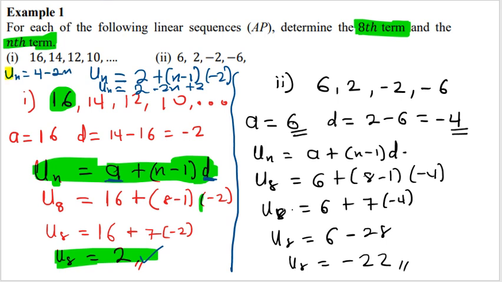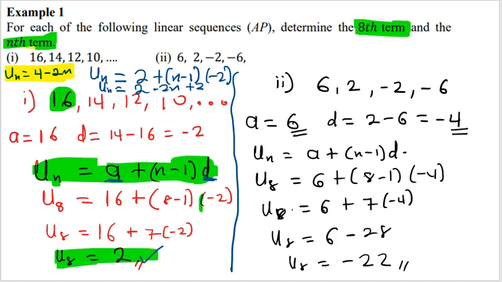So this value becomes the general term of this sequence, or the nth term. So that is the answer. The question is asking us to find the 8th term and also the nth term. So the nth term is this value. We got this value by substituting A, which is 16, and D, which is negative 2, into the general formula, and by simplifying, you will get this.